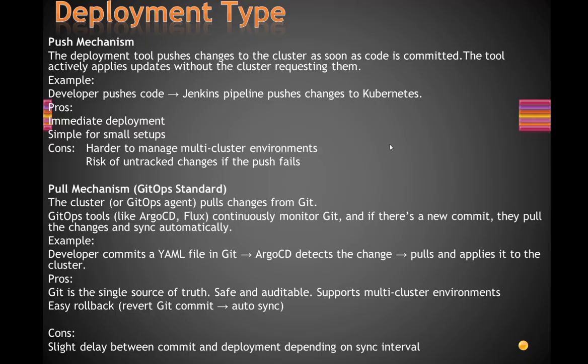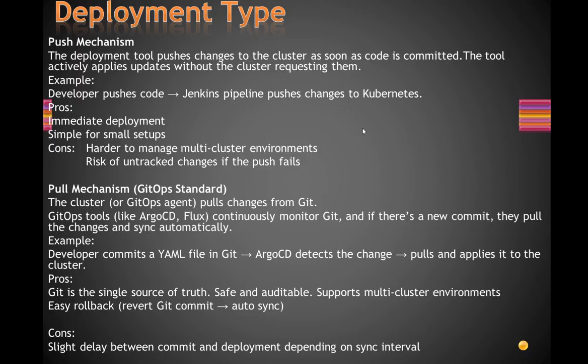Deployment. It is a pull mechanism in GitOps and a push mechanism in DevOps. The difference: in the push mechanism, the deployment tool pushes changes to the cluster as soon as code is committed. The tool actively applies updates without the cluster requesting them. Example, a developer pushes code, and the Jenkins pipeline pushes changes to Kubernetes.